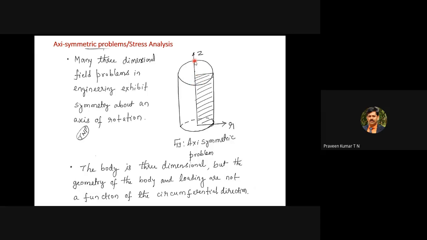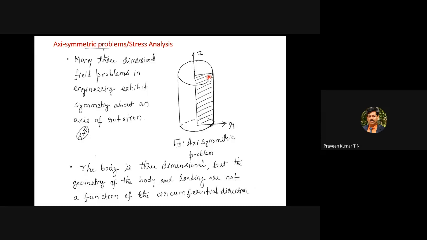If theta is 90 degrees, imagine the stress is 100 megapascal here. The stress at this point is again 100 megapascal, here also 100 megapascal, and here also 100 megapascal. Irrespective of the angle theta, the stress remains constant, or you can say that the stress in an axisymmetric object or problem is independent of theta.